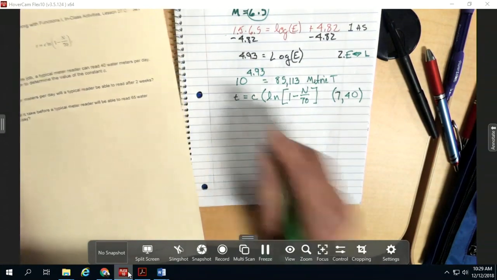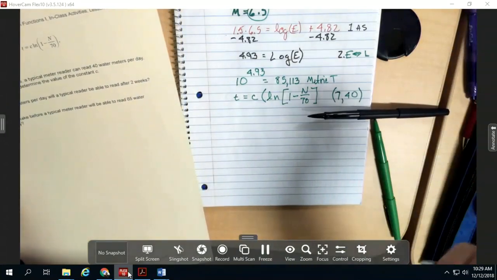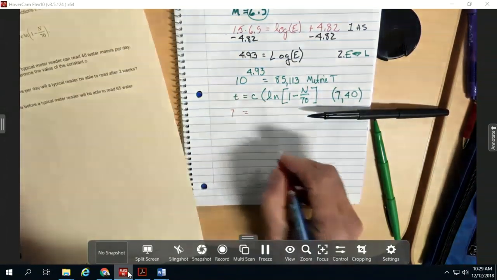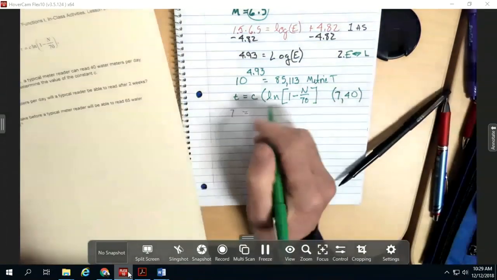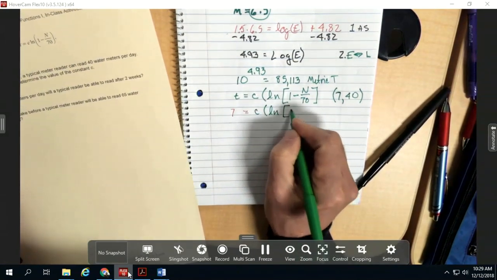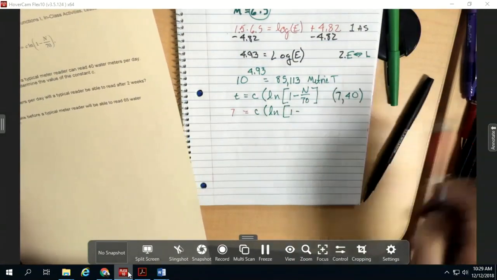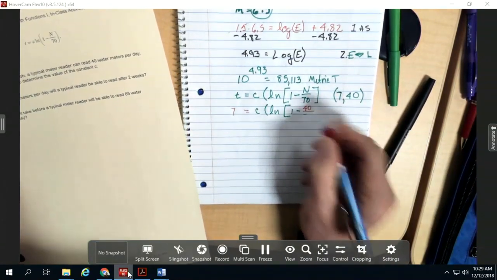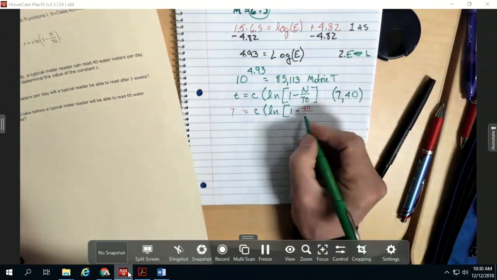So we would say 7 equals C ln of 1 minus 40 divided by 70.